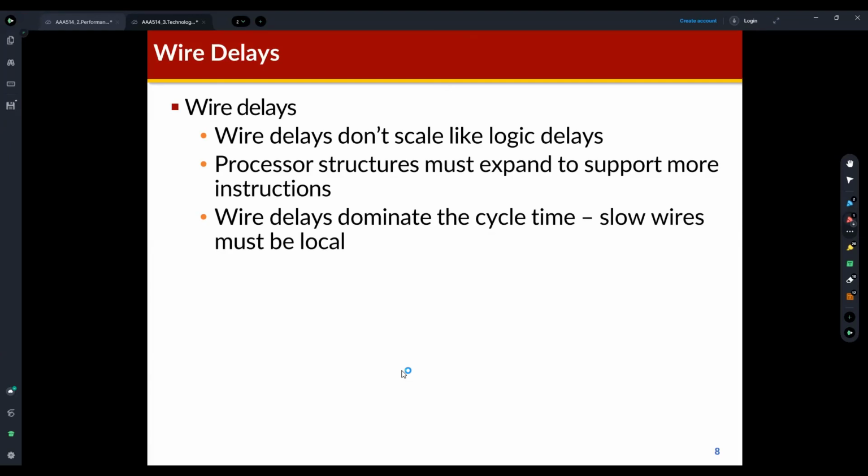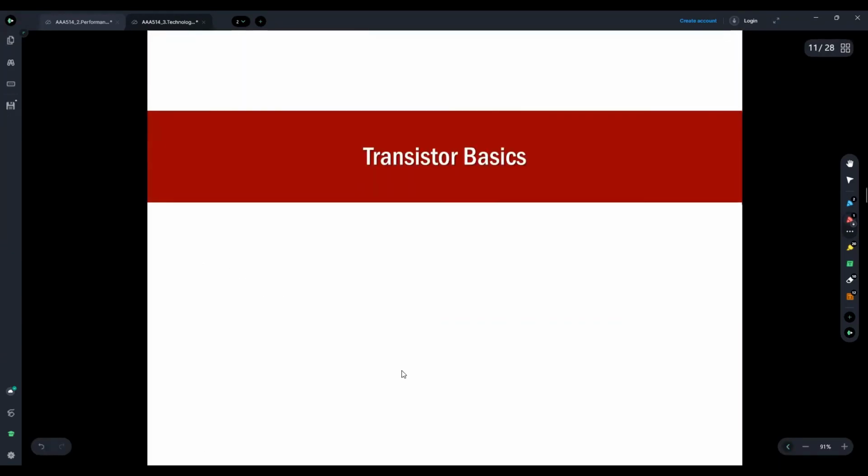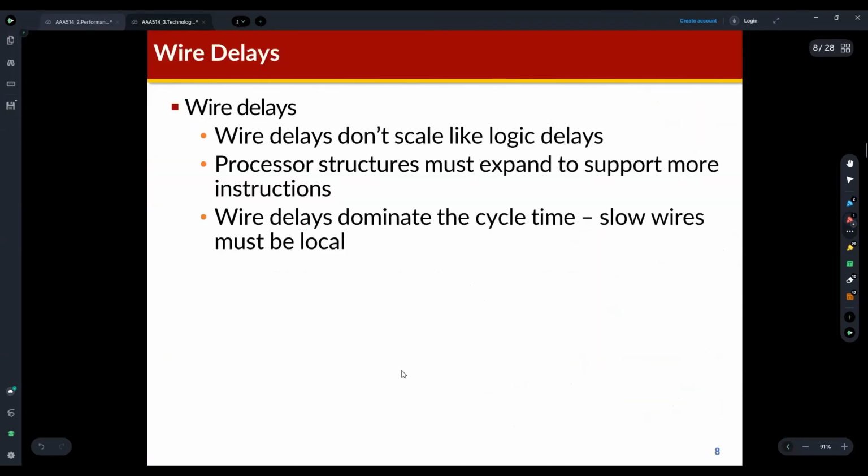Actually, the wire delay is determined by the delay of the metal layer. Later we will learn about the transistors, but why do we apply smaller transistors?